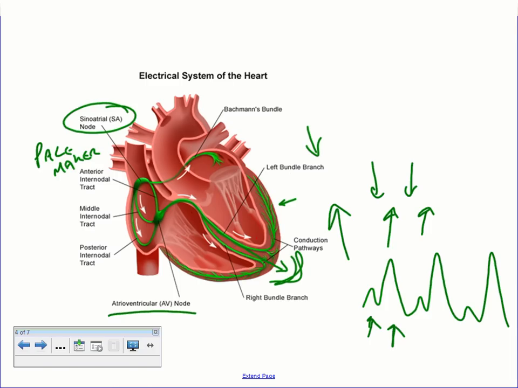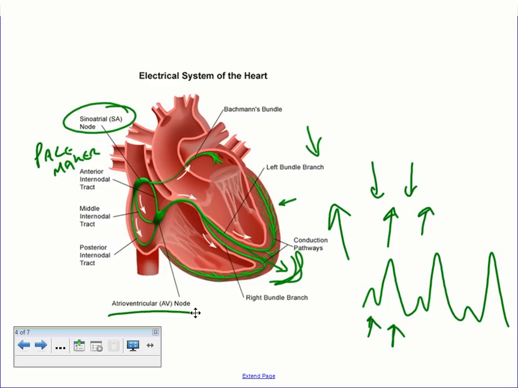There's a little bit of lag in between them to ensure that there's full contraction and almost ensuring that the blood gets into the next location that it needs to get into. So for example, in the atrium to the ventricle, we want to make sure that that atrium is completely empty, or at least as empty as it can get. And then the same thing with the ventricle. When it contracts, we want to try to get the maximum amount out.